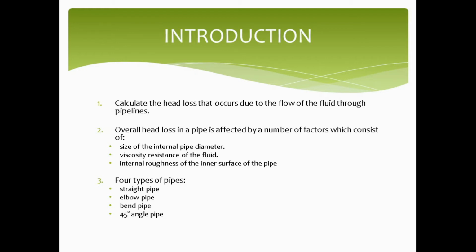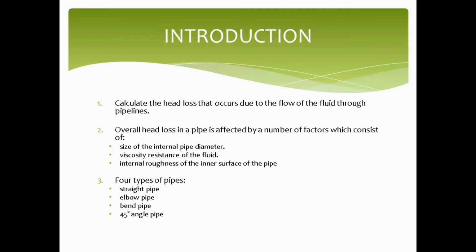So basically, in this experiment we are going to estimate the head loss that occurs due to the flow of the fluid through pipelines. Overall head loss in a pipe is affected by a number of factors which include the viscosity resistance of fluid, the size of the internal pipe diameter, and the internal roughness of the inner surface of the pipe.